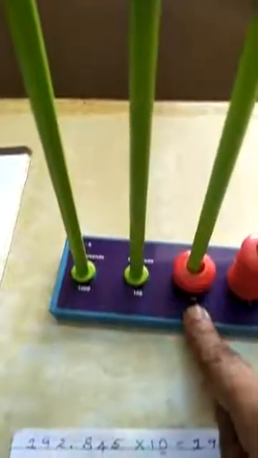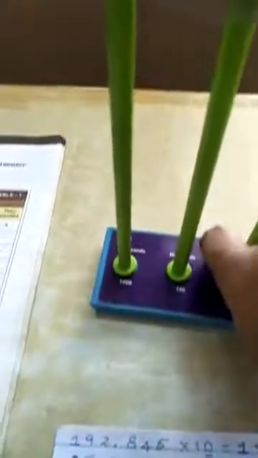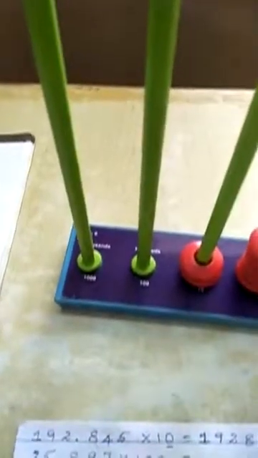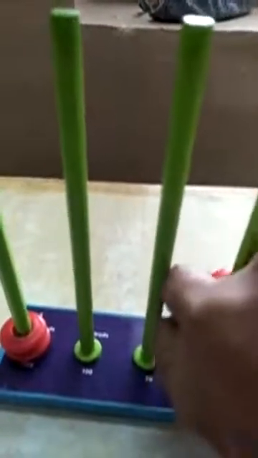From tens place we have 2 beads. I take and give them 2 places left. It has come to the 1000 place, children. See, then ones place I have 5 beads. That one I take and move 2 places. Then it has reached the hundreds place.